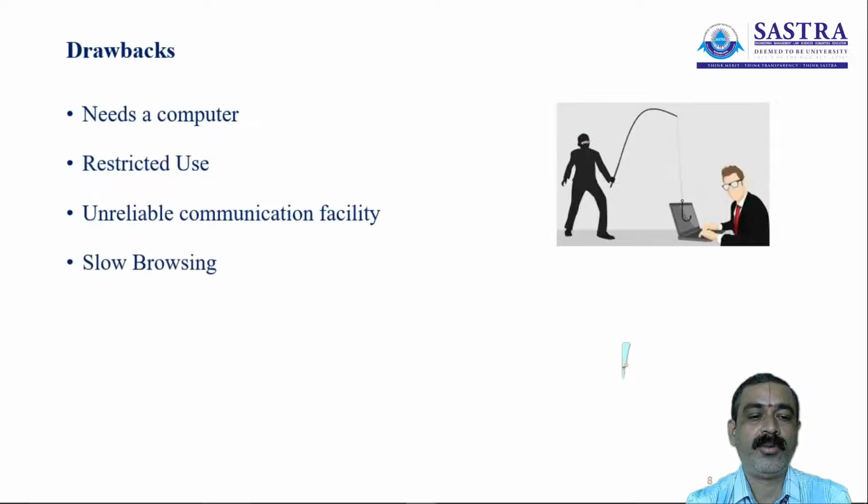Then slow browsing. Often it becomes frustrating to browse the internet to be able to access the host of financial products that are made available in the website of the bank. Navigating around websites on home computers is often slow and frustrating.